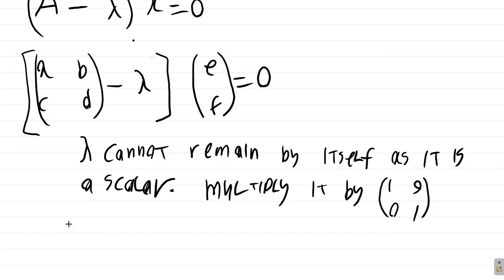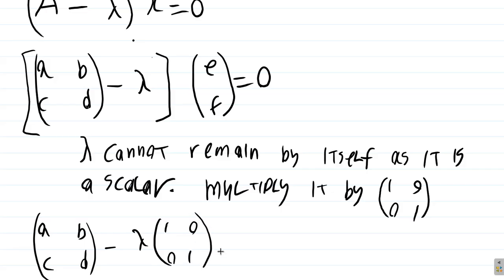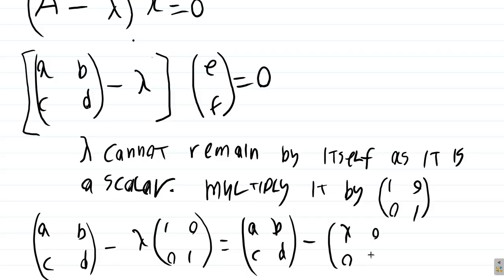All right. So you have A, B, C, D, the general matrix, minus lambda times 1 0 0 1. It's the same thing as A, B, C, D minus lambda 0 0 lambda. All right. So that now can work, because you'd have A minus lambda, B minus 0, C minus 0, D minus lambda.